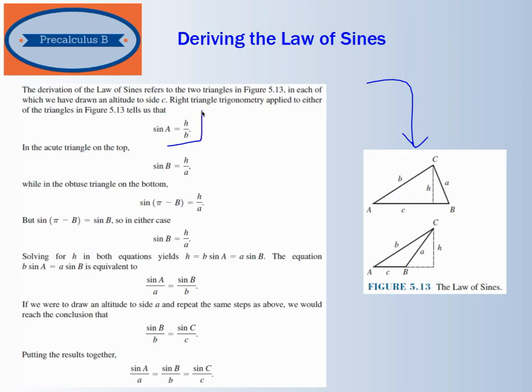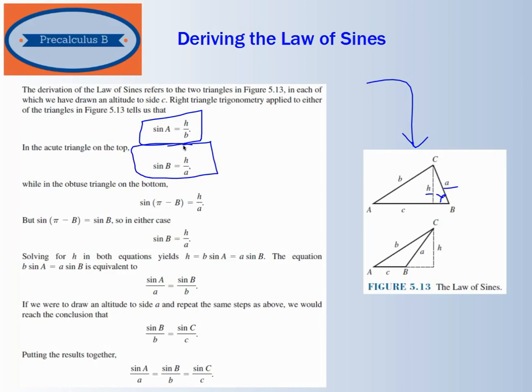We know sine of A is equal to h over b. The sine of angle B on the top triangle is simply the opposite side, which is h, divided by the hypotenuse of that small triangle, which is a, or h over a. So on our acute triangle, we get sine B is h over a.